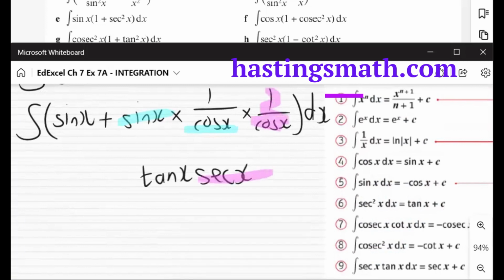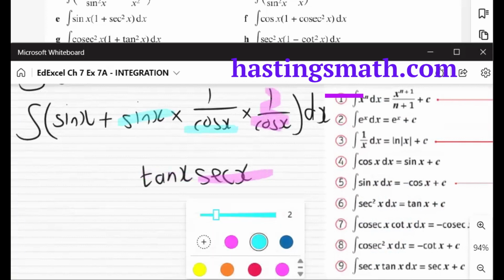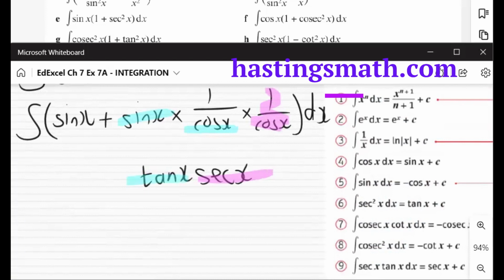So just to look at where I got that from. Tan sec. Yes. So as I said, memorizing this list is probably the most important thing you can do for P3. We now have something that will work.